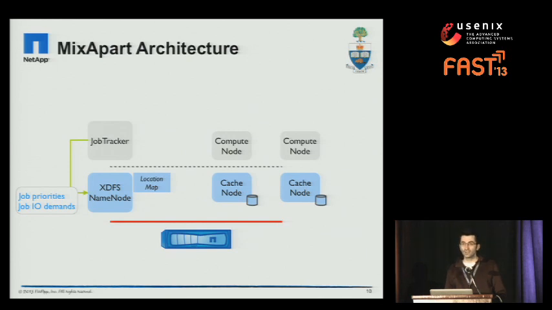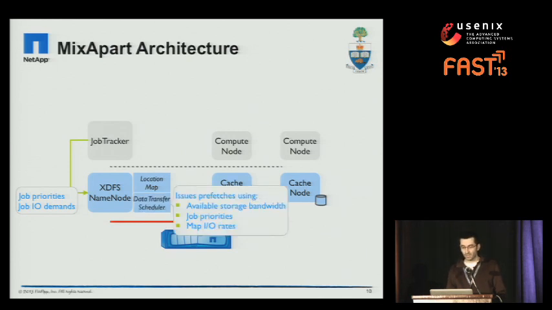In turn, this information is used by a component at the cache layer that we call the data transfer scheduler. The goal of this component is to schedule prefetches of data according to job I/O demands, job order, and job priorities. There are three factors that the data transfer scheduler uses when deciding what to prefetch next. First is understanding what's available in terms of storage bandwidth.